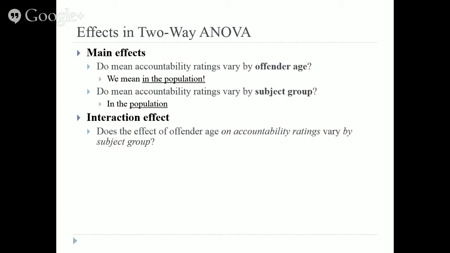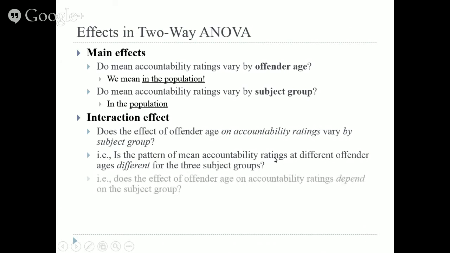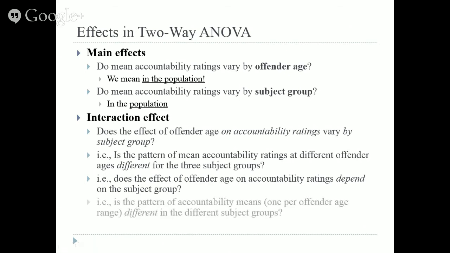So there will be differences in accountability ratings for the 3 different offender ages. Does that pattern of differences change as you go from the APA group to the ATSA group to the undergrad group? Another way to say that is, does the effect of offender age on accountability ratings depend on which subject group you're looking at?